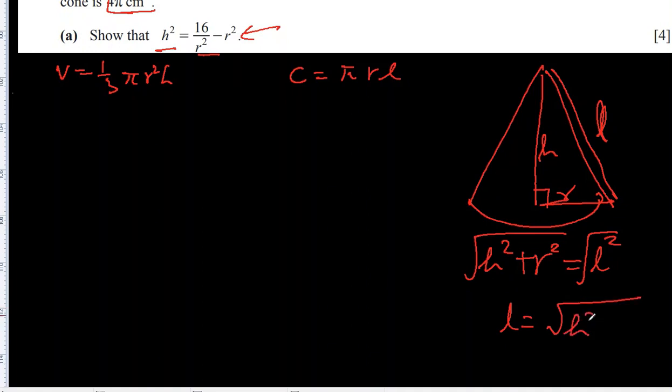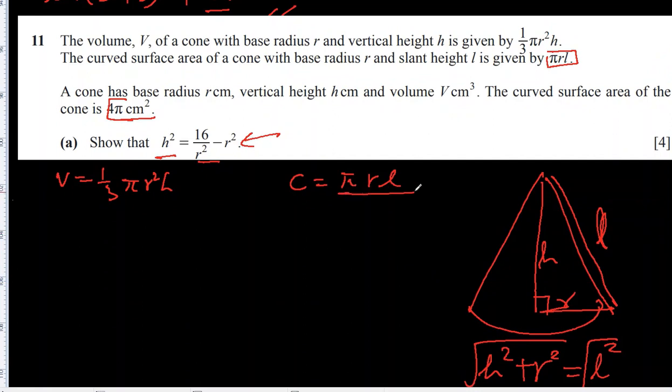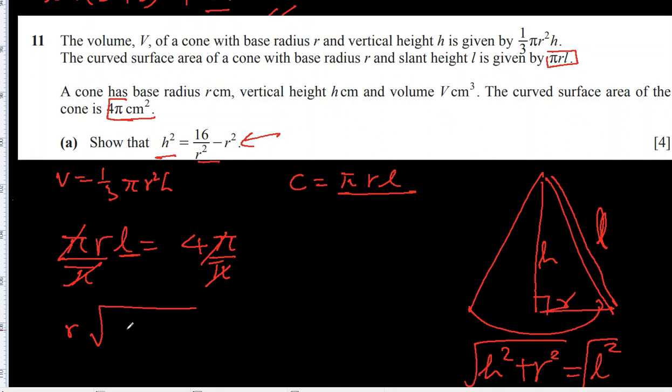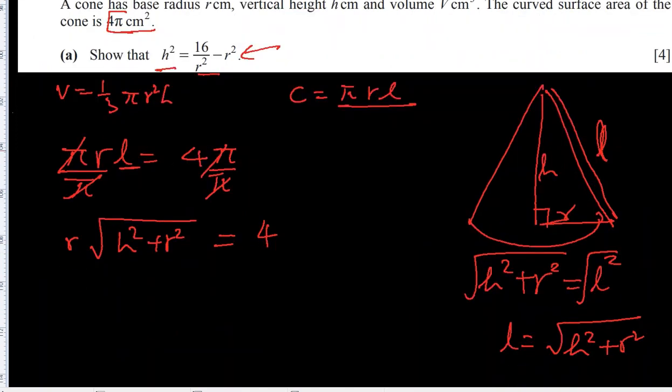So L is square root h square plus r square, and they gave us pi RL is equal to 4 pi. First of all, let's divide both sides by pi so that we get rid of pi. Let's replace L by its own value, which is square root of h square plus r square, equal to 4 now.